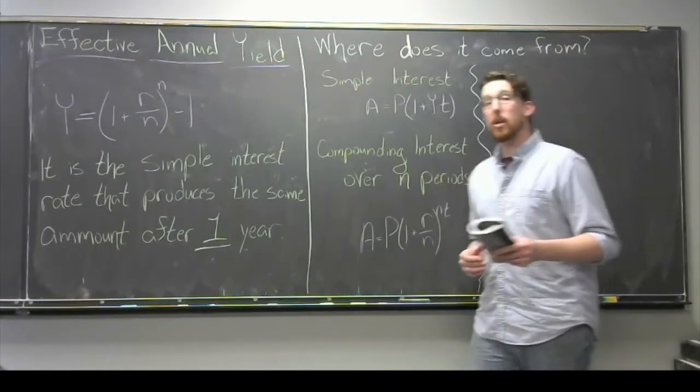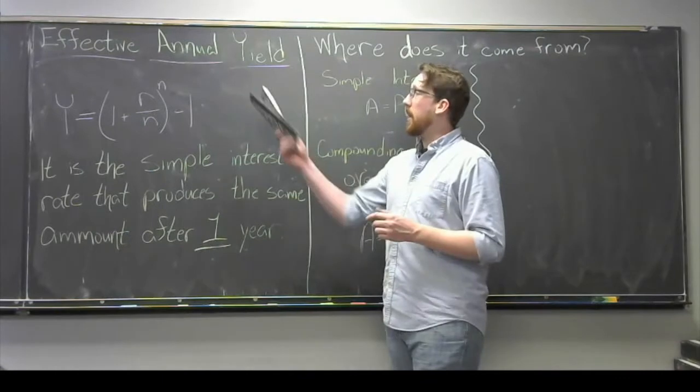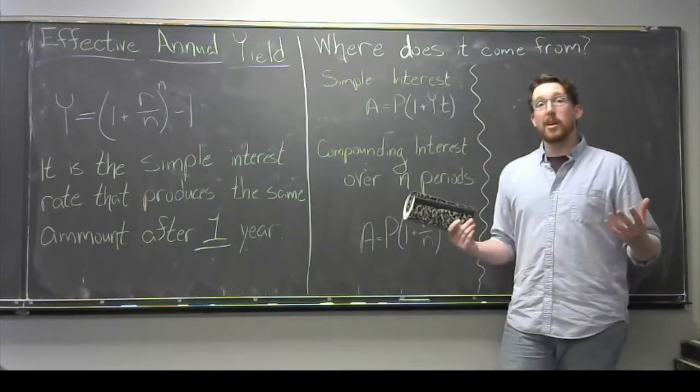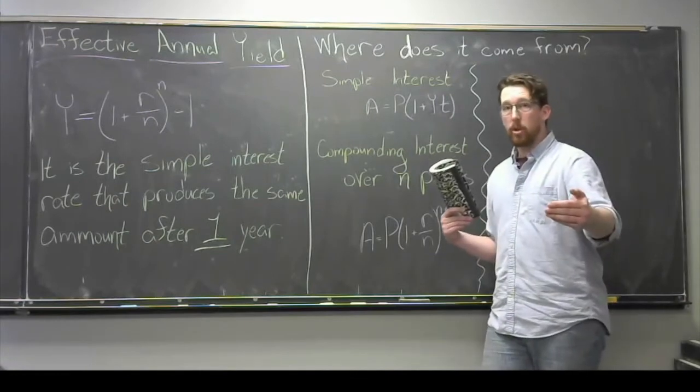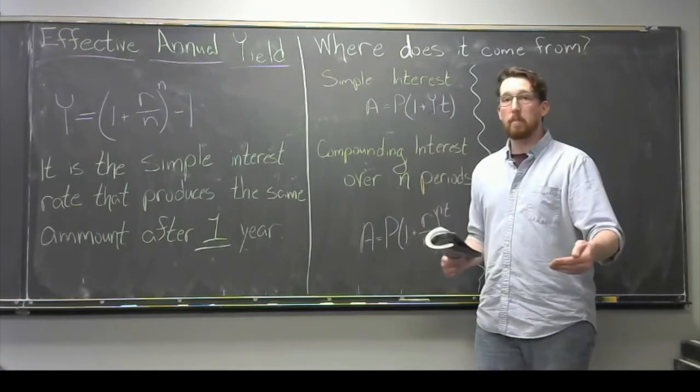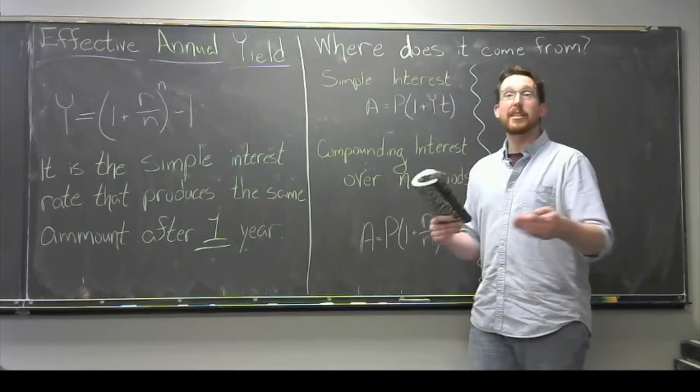The last thing I want to talk about in this lecture is effective annual yield. What it is, is a simple interest rate that would, at the end of 1 year, earn the same amount of money given the same principal amount.